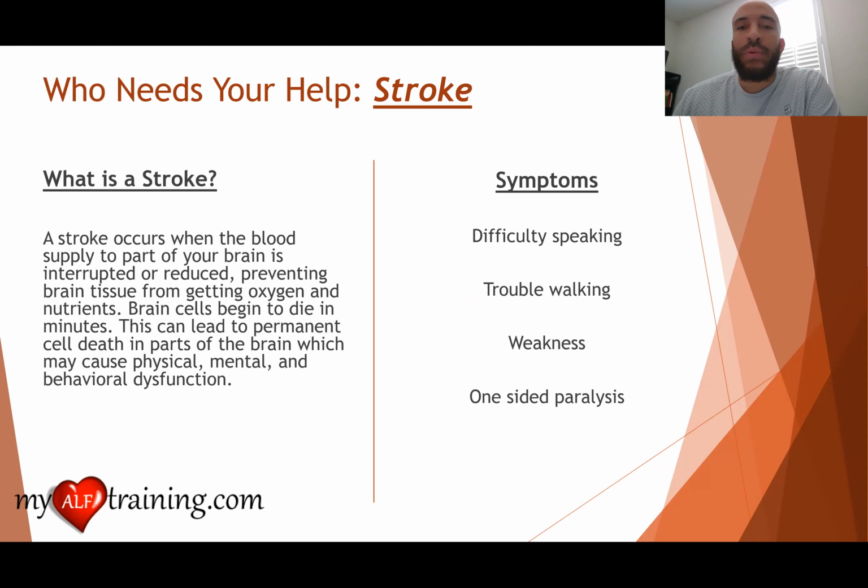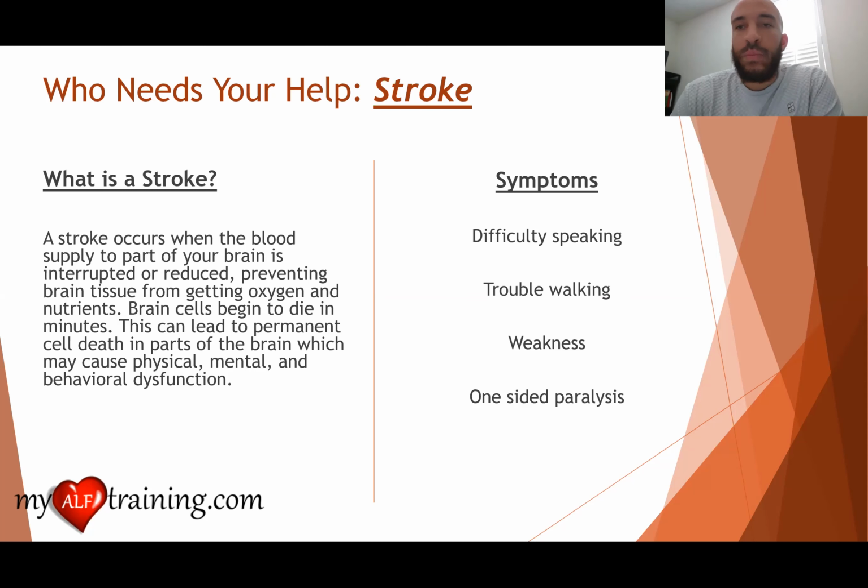They may have some trouble speaking, but overall they seem very normal. While patient B may have had a more severe stroke 10 years ago and they're having a lot more trouble with their ADLs. They're having trouble speaking. They're having trouble walking. Their left arm may be paralyzed. So you need to keep that in mind when you're taking care of a patient with a stroke, because each patient, of course, is very different from the next.